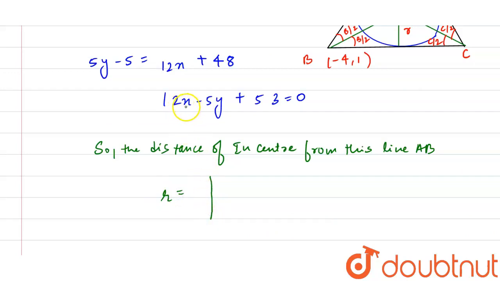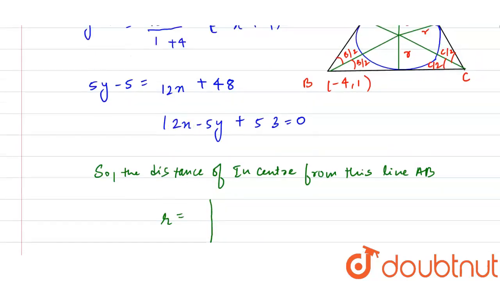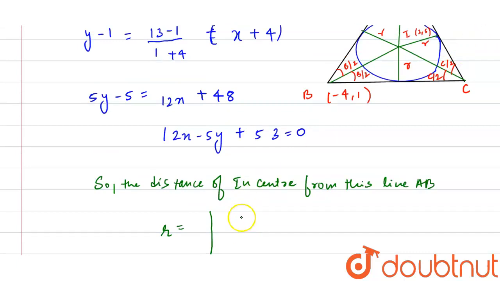If we put in the incenter (2, 5), 12 multiplied by 2 is 24, minus 5 multiplied by 5, that is 25, plus 53.